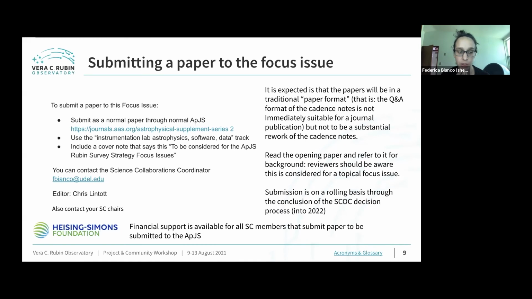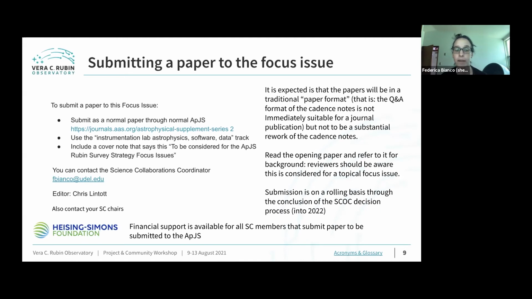Lastly, if you were at the earlier plenary on the science collaborations, you heard about the Heising-Simons Foundation grant, which has been awarded to a subset of the science collaborations. In fact, this award has been started from our request to support the publications within this journal specifically.